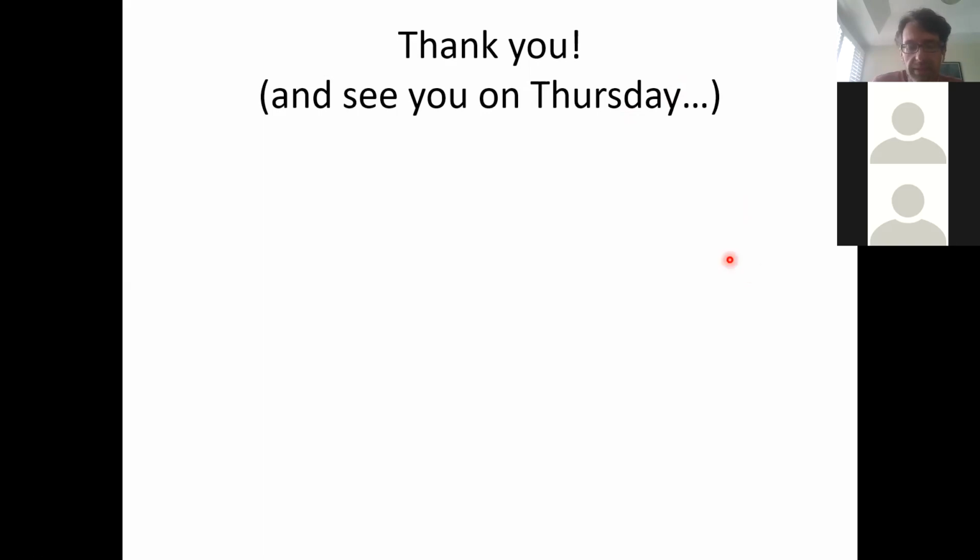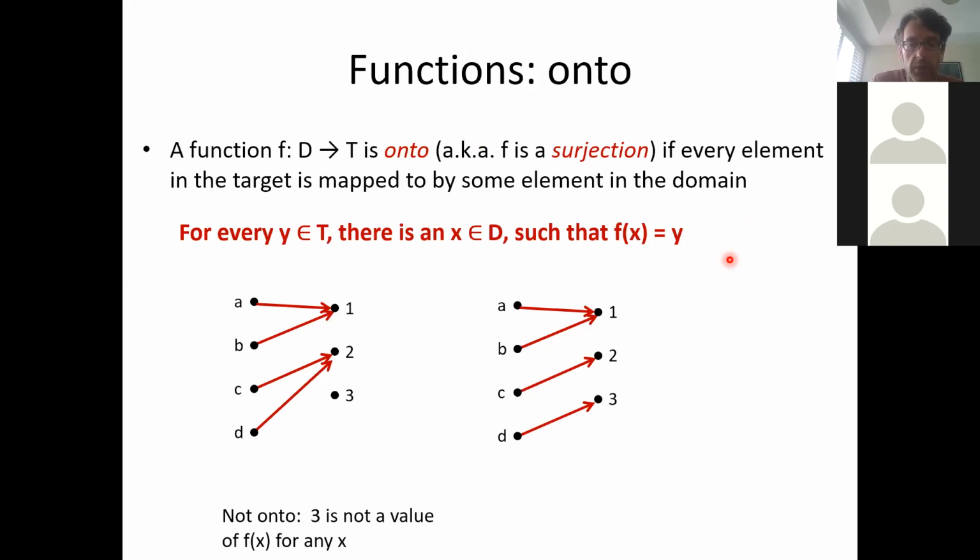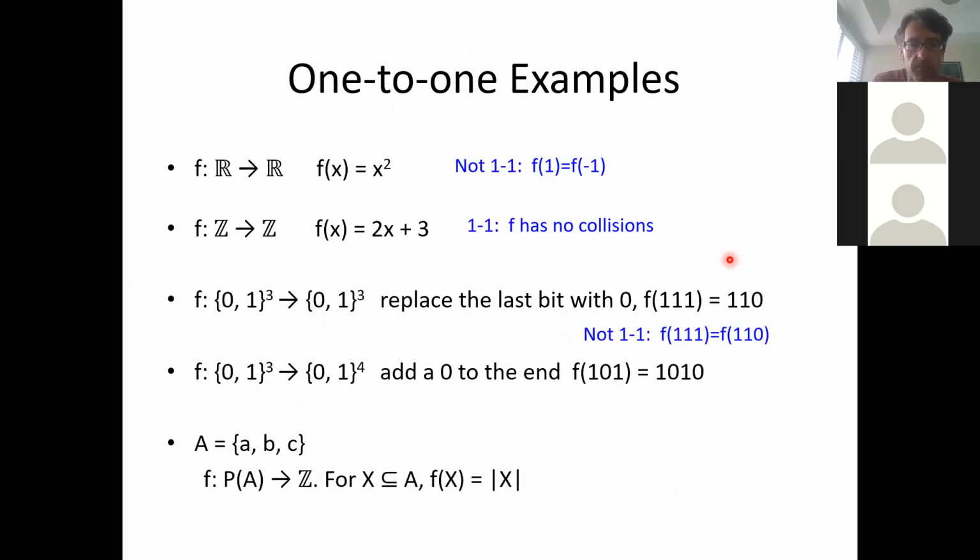One question, about onto and one-to-one. They are not invertible, but only bijections are invertible. Yes, you have to be a bijection to be invertible.